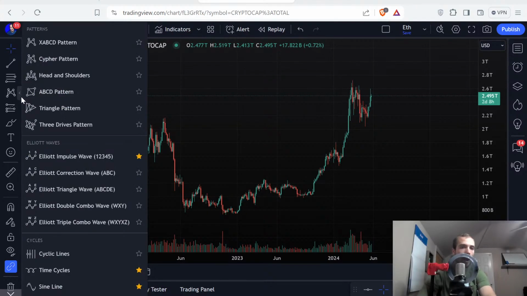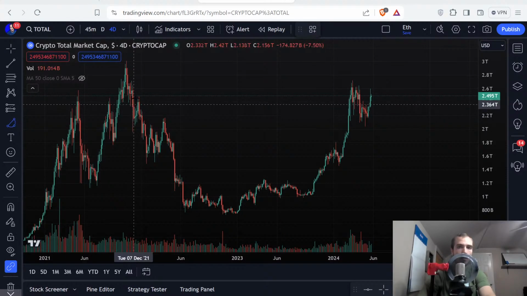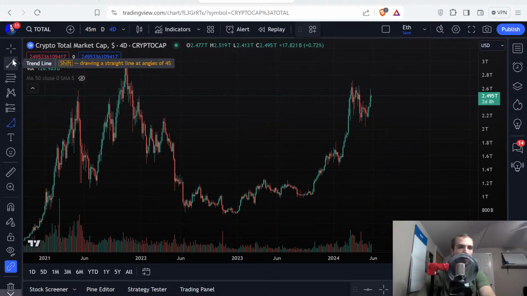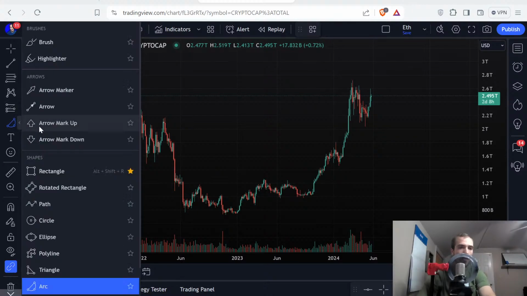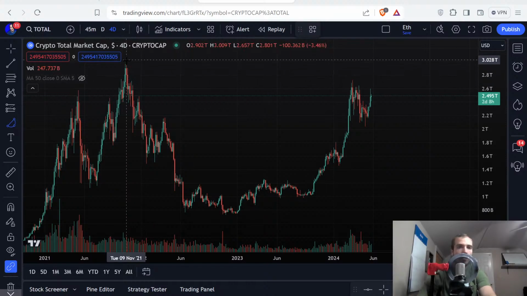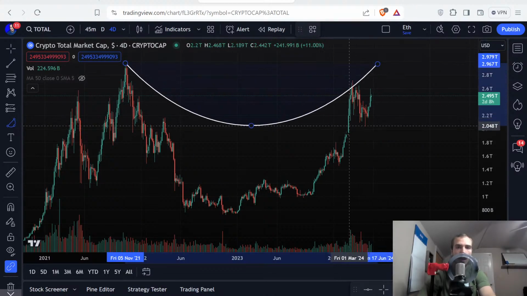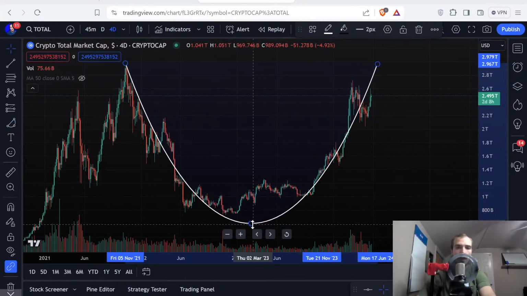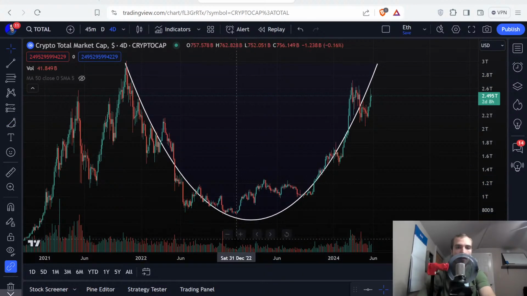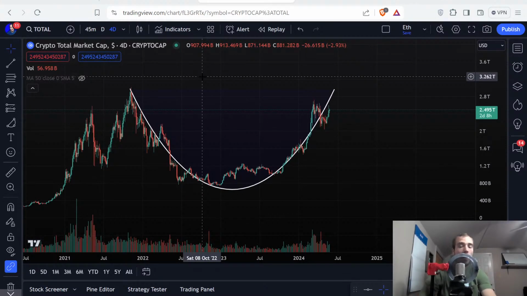If we take the paintbrush tool and use the arc tool, down here, the fourth or fifth one down, we can measure from over here to where we're at currently and pull down. It creates a nice rounded bottom structure. You guys can see how big this rounded bottom pattern is with the total market cap.